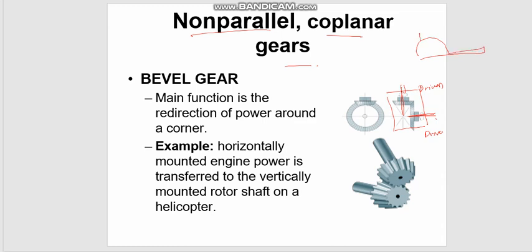but if you have an engine on the top, let's say for example over here, and this engine has a rotational movement, so inside it should be a shaft.